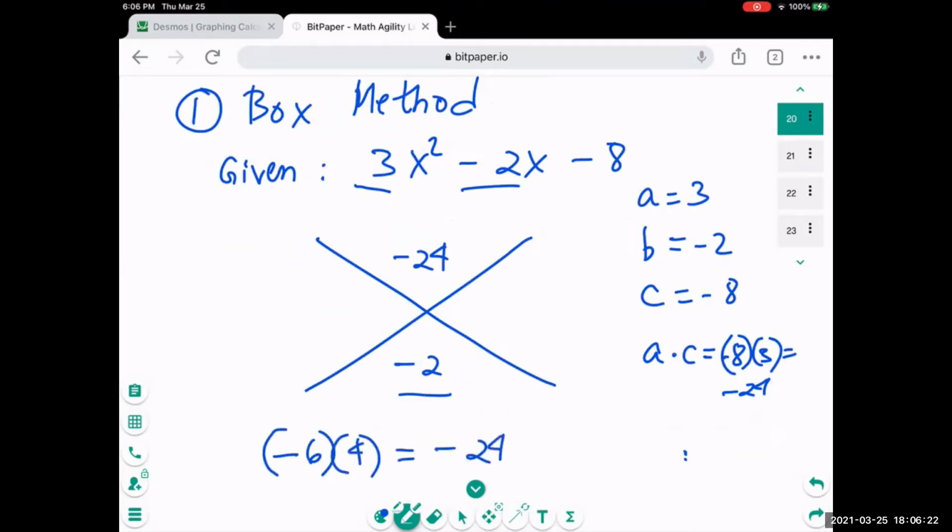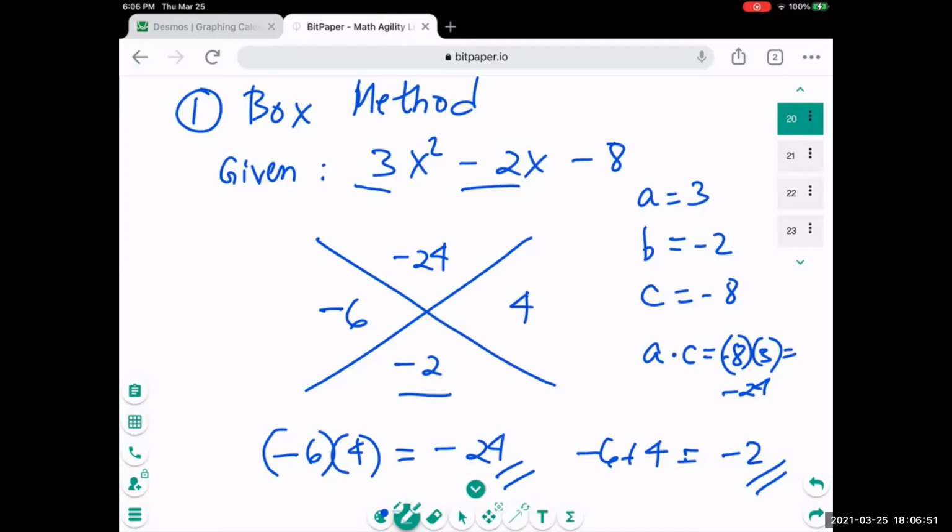It gives us negative 24. So that satisfies our first requirement. And then the second is, when we add them, it gives negative 2. So let's see. Negative 6 plus 4, of course, will give us negative 2. So that satisfies both our requirements. So we put negative 6 on the left side of the x, and the 4 on the right side. Alright? So now our x is complete.